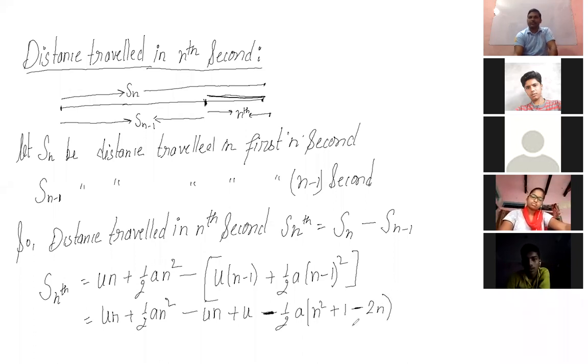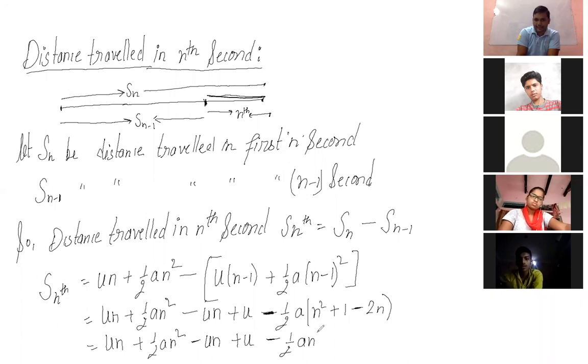So you just multiply this: un plus half an square minus un plus u, and once you open the bracket, it will be minus half an square, minus half a, and plus 1 by 2a into 2n.